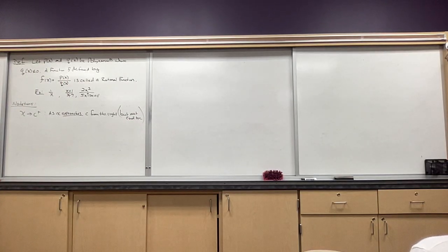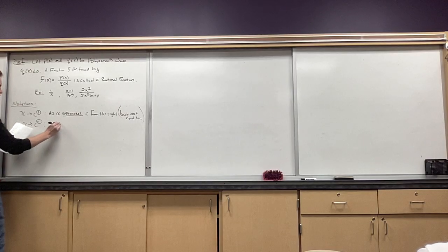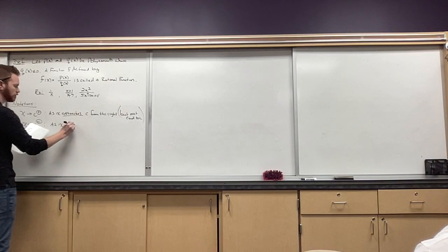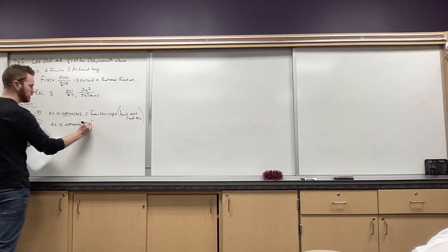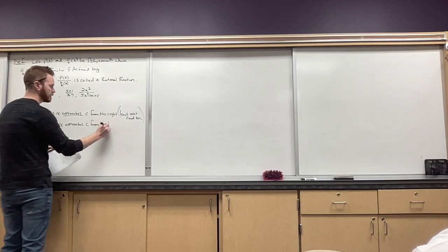Okay? So the plus sign means I'm moving to that number on the graph, okay, from the right, so this way. So what's happening as I'm moving in this direction, and whatever the number is, like 2 or 4, okay? Now we can do the same thing with a negative. So let's say there's a negative sign there, okay? This is as x approaches c from the left.